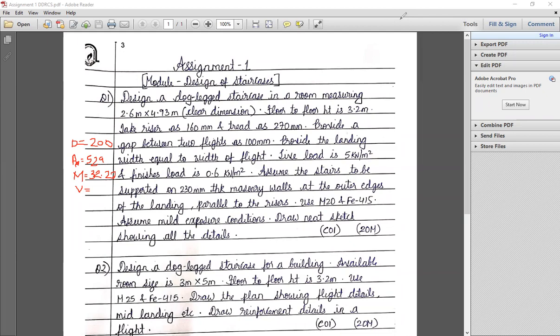Yes, Ojas, bending moment, Devansh is getting 69. This much difference.